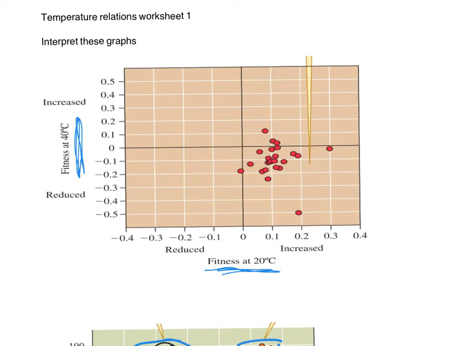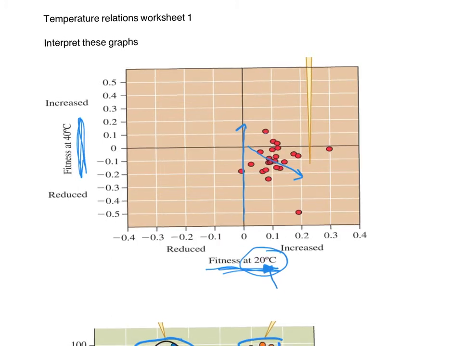So if it is fit at 20 degrees Celsius, so if it's high on this line, you can see that it is getting lower on this line. It is decreasing at 40 degrees as it's increasing at 20 degrees. So the more allocated it is or optimized towards 20, the less it's going to be at 40.